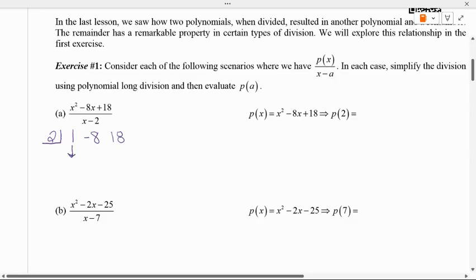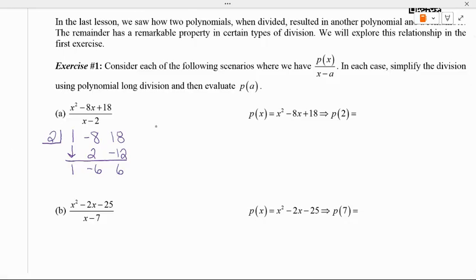Remember that I bring down my first term and it becomes my multiplier. 2 times 1 is 2. Negative 8 plus 2 is negative 6. 2 times negative 6 is negative 12. 18 minus 12 is 6.